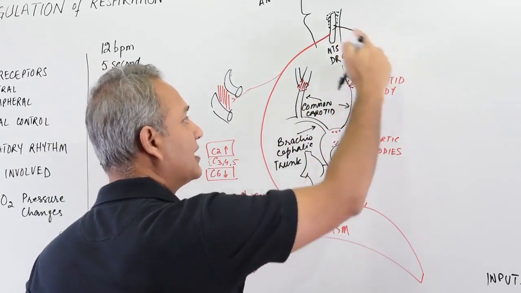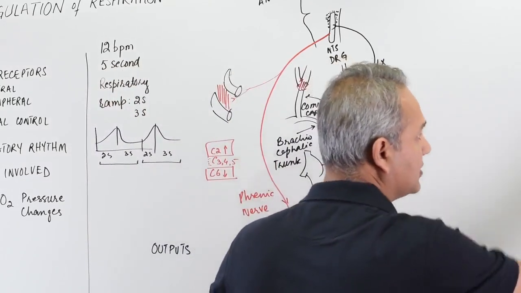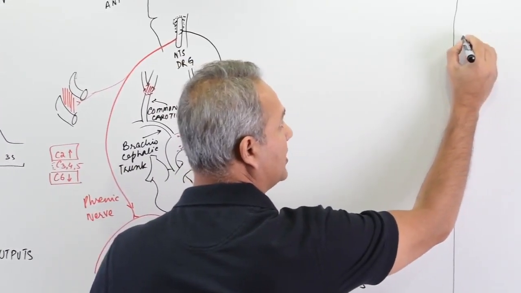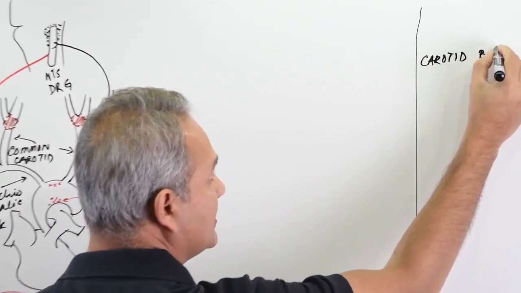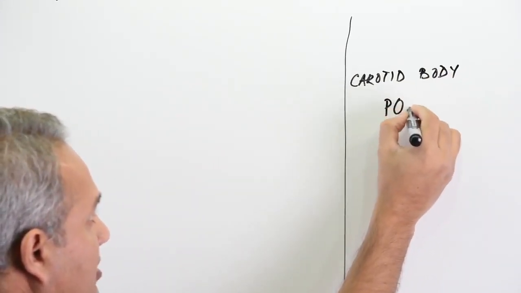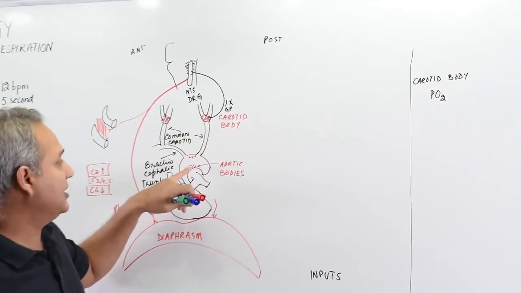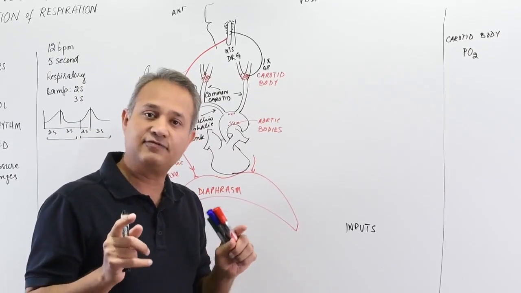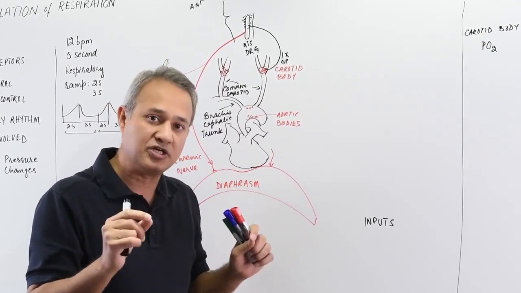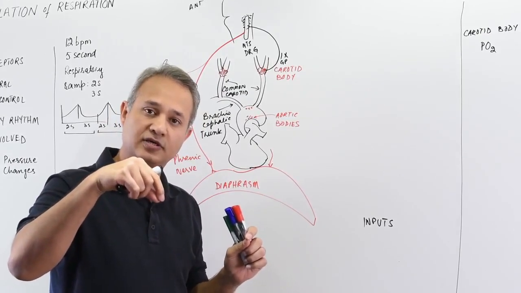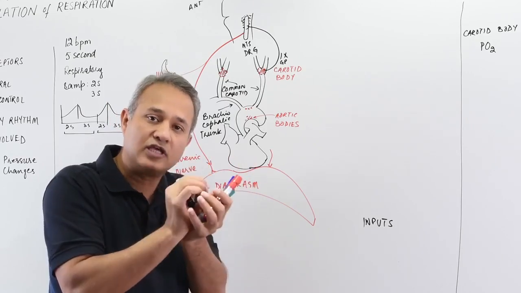What is the effect of this one? Carotid body is sensitive to pressure of oxygen. Keep this in mind, both carotid body and the aortic bodies are sensitive to the dissolved oxygen. They cannot measure oxygen on the hemoglobin, they cannot look at the oxygen content or the saturation on the hemoglobin.